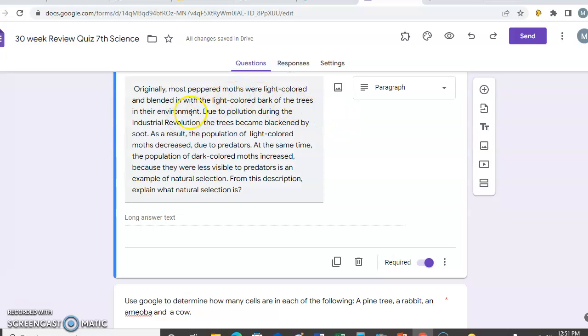This means the moths need to hide in order to live so they don't get eaten. But when the trees change color, those light colored moths were getting eaten faster or more often.